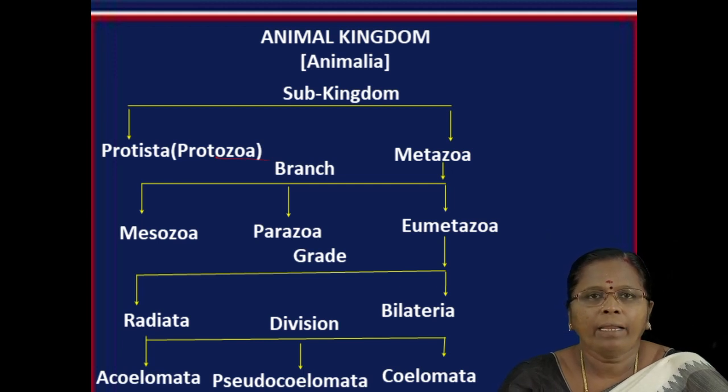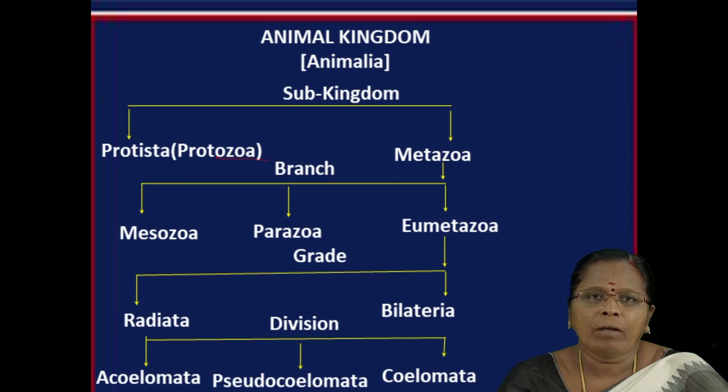The bilateria again divides into three divisions. What are they? Acoelomata, pseudocoelomata and coelomata. These animals are classified into three mainly based on the presence of the coelom. What is coelom? Coelom is the cavity which lies in between the body wall and the alimentary canal.